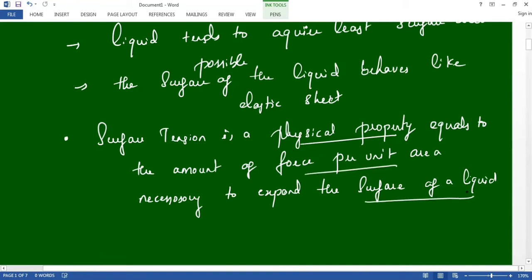We can also write that it is the ratio of surface force F to the length along which the force acts on it.